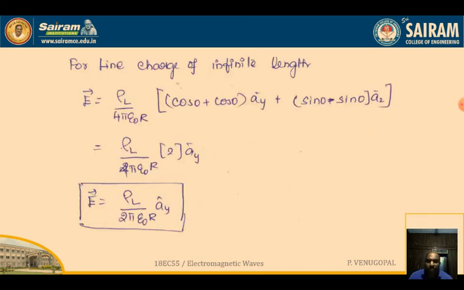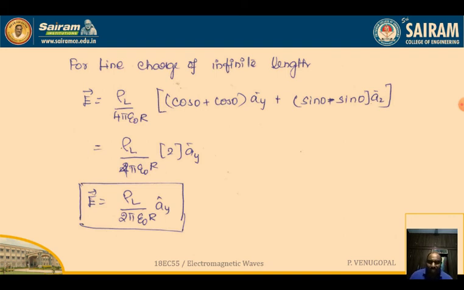So E is equal to rho L by 4 pi epsilon R into cos 0 plus cos 0 into Ay, plus sin 0 minus sin 0 into Az. The Az component is eliminated, so no need to write it; if you want, you can write it, but sin 0 is 0 and cos 0 is 1. Therefore E is equal to rho L by 4 pi epsilon R into (1 plus 1), which is 2, into Ay. Simplifying, vector E is equal to rho L by 2 pi epsilon R into Ay.